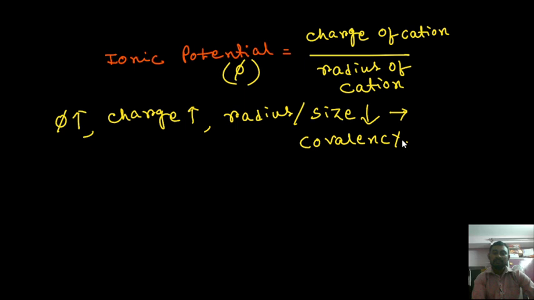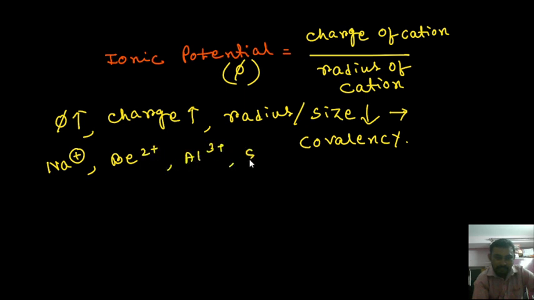So if I take, for example, Na+, Mg2+, Al3+, Si4+, for the given cations, which will be more polarizing? Say we are talking about the same anion, for example I−.